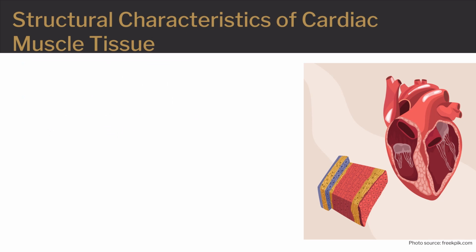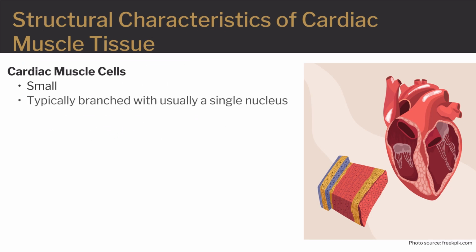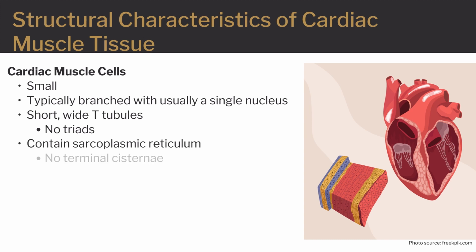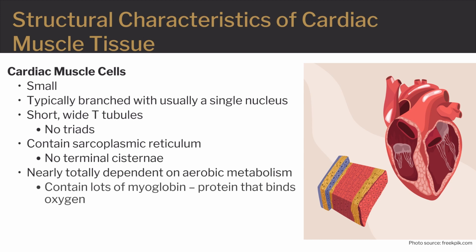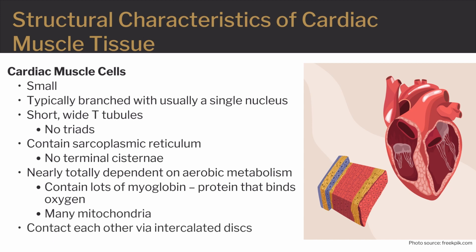Cardiac muscle tissue is made up of cardiac muscle cells. Unlike skeletal muscle cells, cardiac muscle cells are small in size, are typically branch-like, usually have a single nucleus, but sometimes have a few nuclei, have short, wide T-tubules without triads, contain a sarcoplasmic reticulum with no terminal cisternae, are nearly totally dependent on aerobic metabolism by containing lots of myoglobin with many mitochondria, and contact each other through intercalated discs.